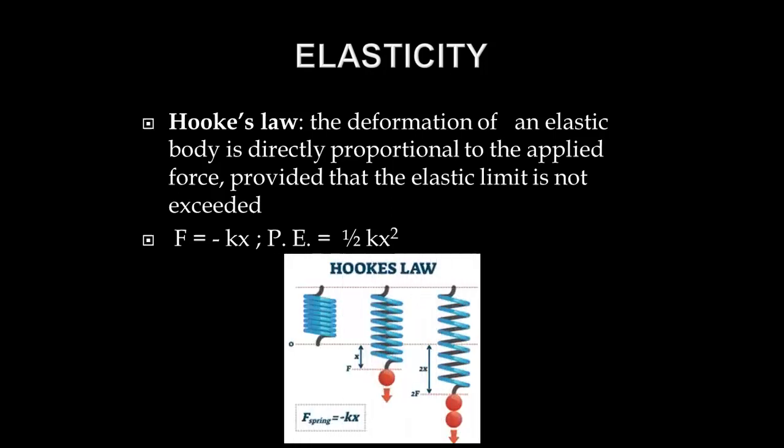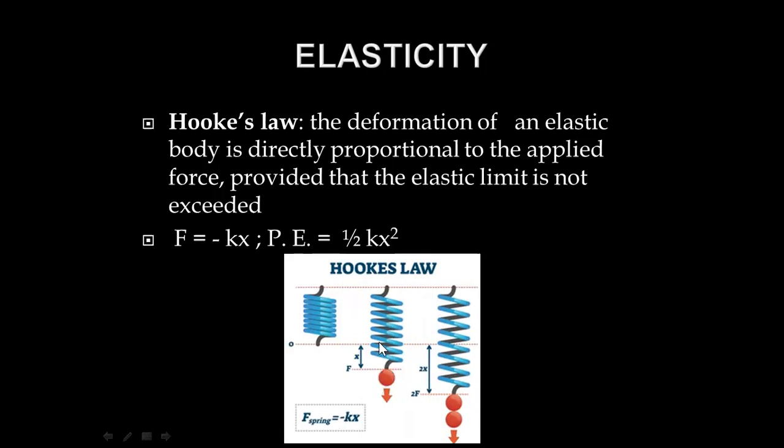As the diagram expresses here, prior to putting an object on the spring, it doesn't have any displacement. As the object, with the force of its respective weight, is exerted on the spring, a displacement is created as the spring is stretched.